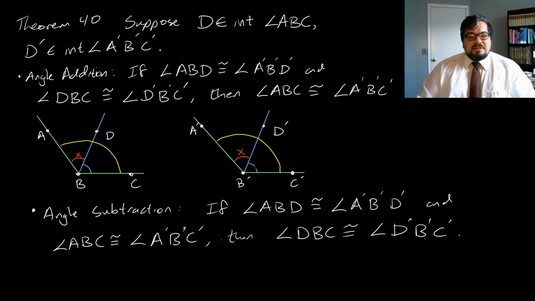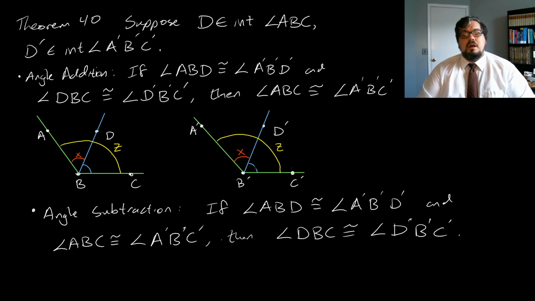In this case, we still know that angle ABD and angle A prime B prime D prime are congruent, therefore they have the same measure. But for angle subtraction, angle ABC is congruent to angle A prime B prime C prime, so those two are the same. By the angle addition postulate again, Z, the yellow angle in each case, has a measure equal to the sum of the red angle and the blue angle.